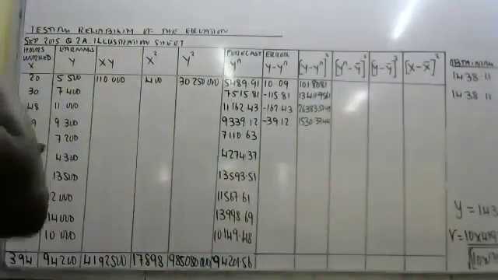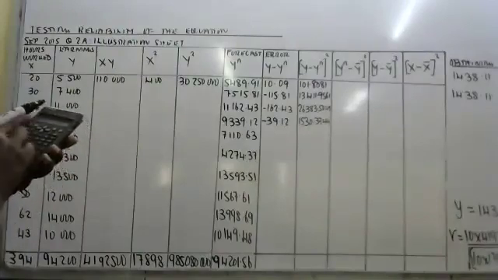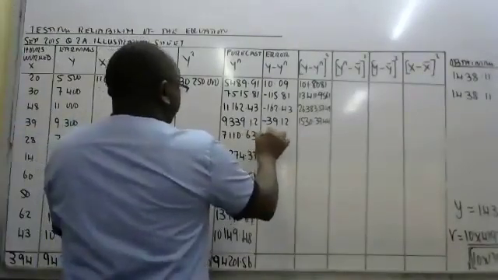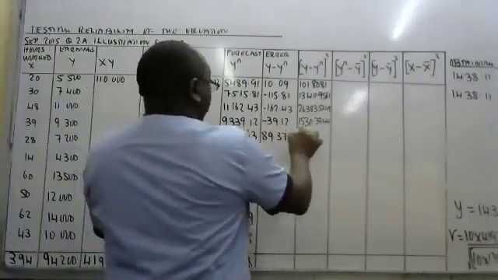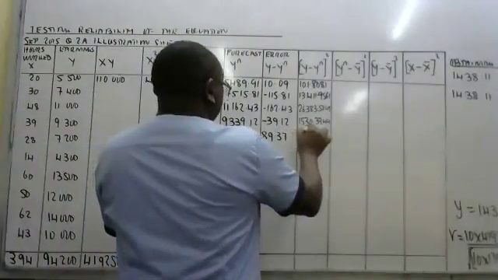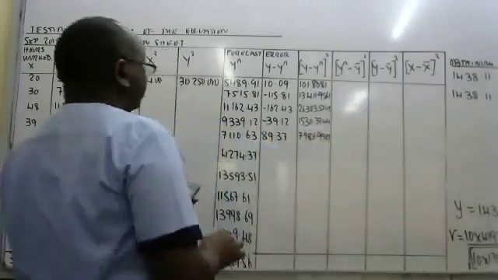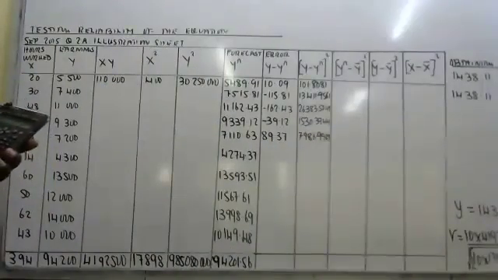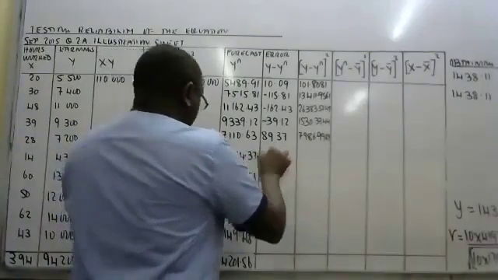The next one, say 7200 minus 7110.63 equals 89.37. You square that and it is 7986.9969. The other one, 4300 minus 4274.37 is 25.63.